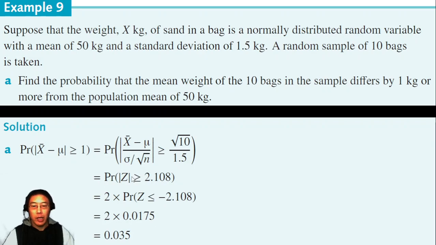Therefore, we can simplify that without the absolute value, and we get that answer. That answer is from the CAS. We use inverse normal, and we get 3.5%.